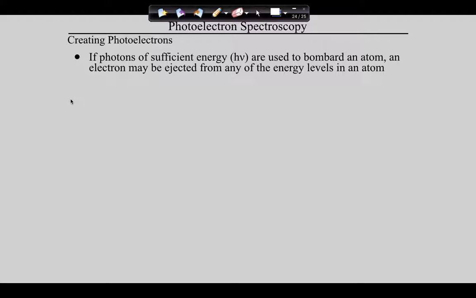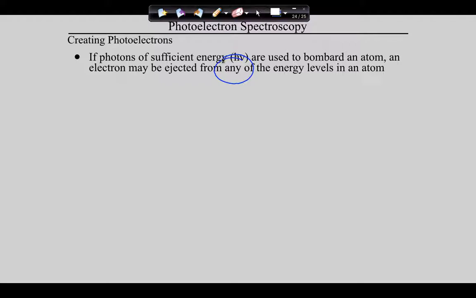So how does PES work? Well, this is the idea. If you can add sufficient energy in the form of photons, hν, and you can use these to bombard an atom, these electrons can actually be ejected, and guys, this is crazy, from any energy level.